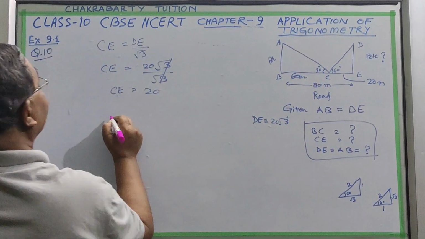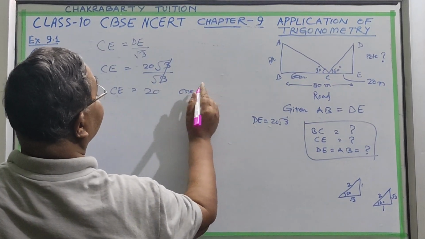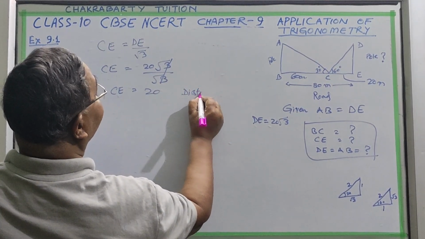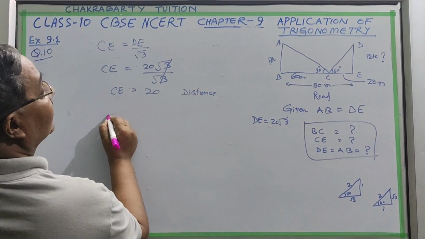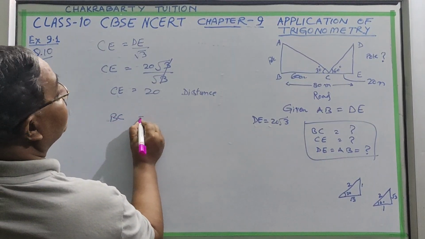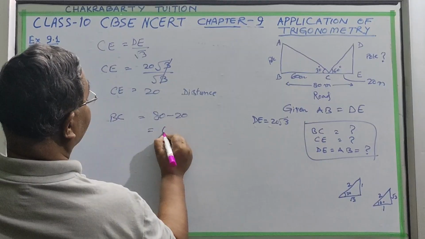So BC, this is one distance, the first distance. It is one answer, and the other is your BC. BC is equal to 80 meter minus 20 meter is equal to 60 meter.